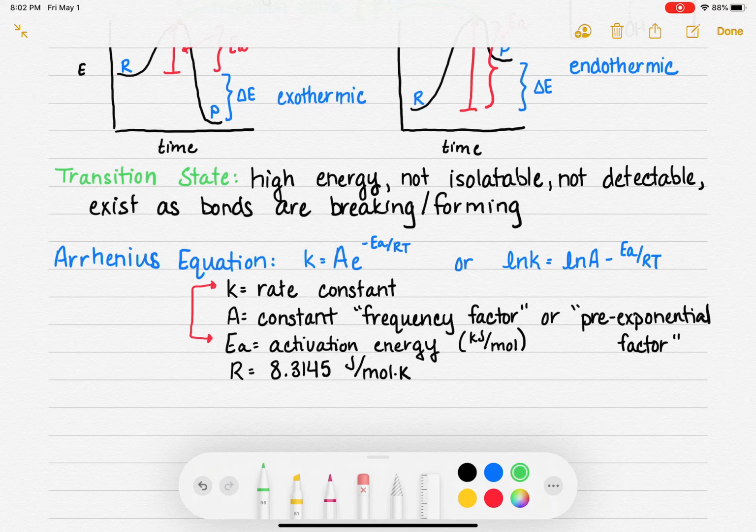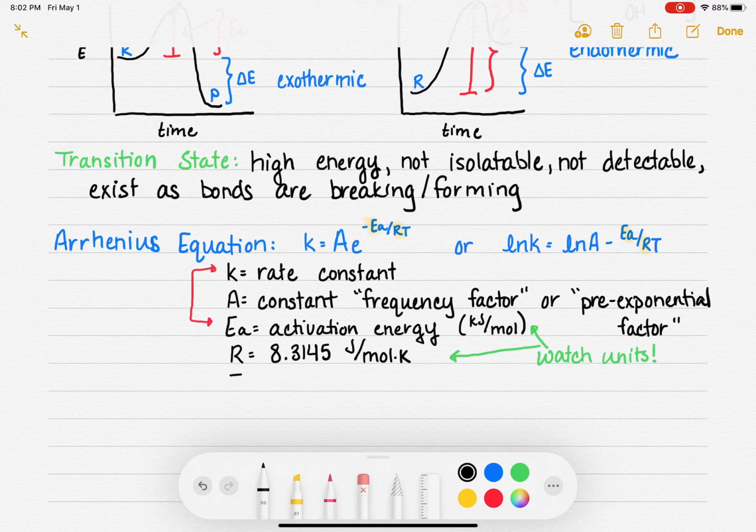And you've got to look out here because you are going to be combining E sub A and R together in this equation. You've got to watch the units. You're going to have to convert units, because your joules and kilojoules are incompatible.